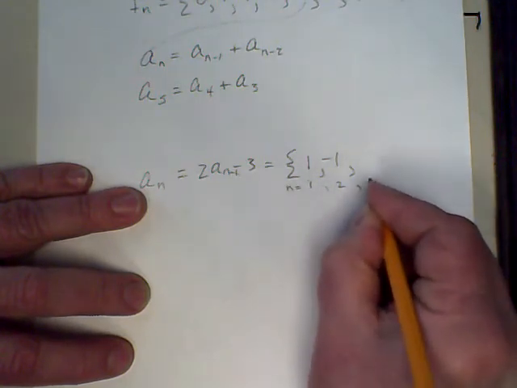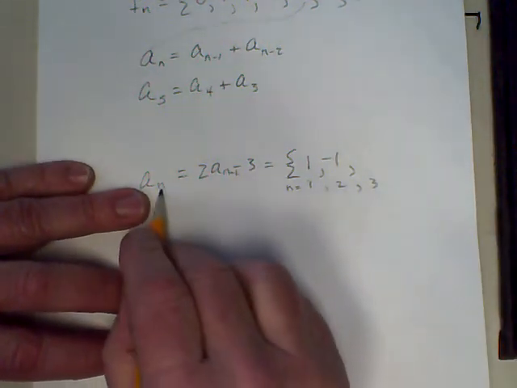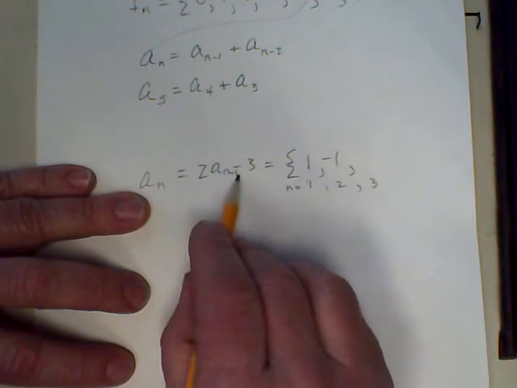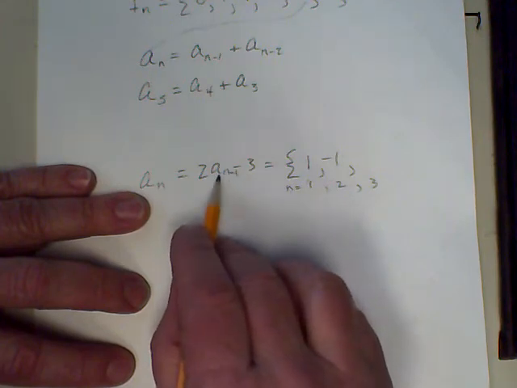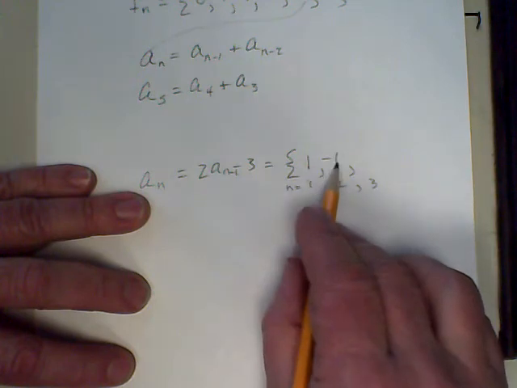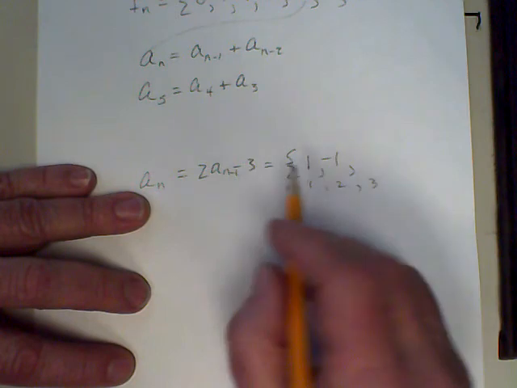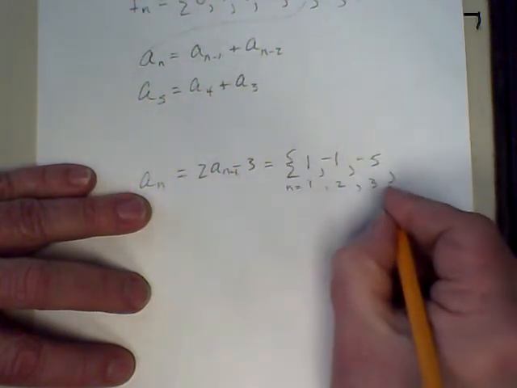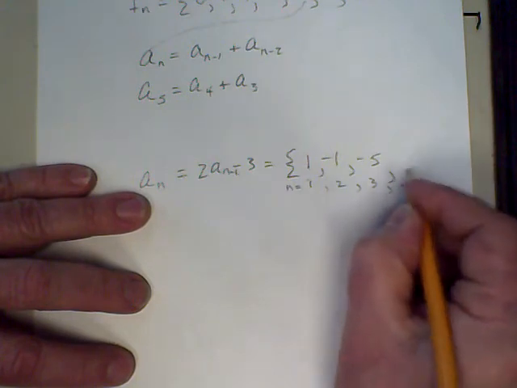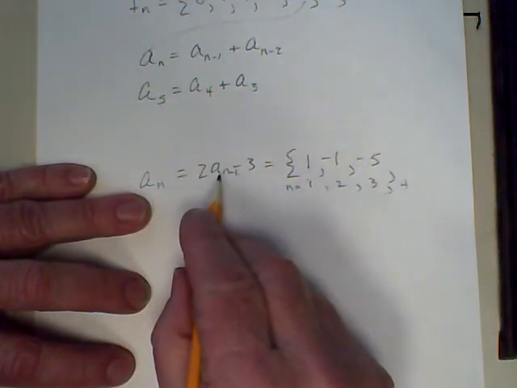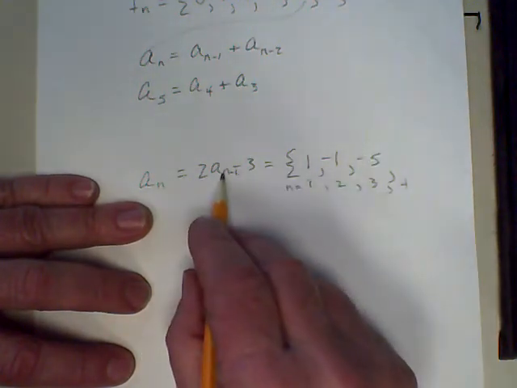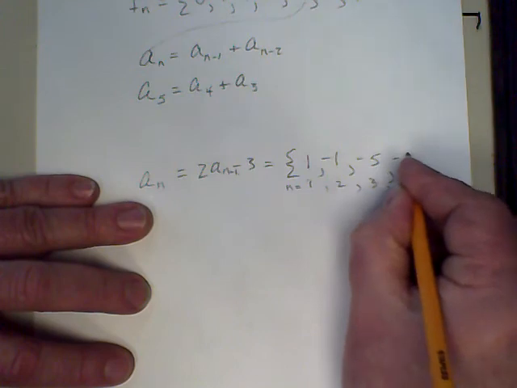We're working on 3. So when we're looking for a sub 3, we need a sub 3 minus 1, a sub 2 right here. So it's going to be 2 times negative 1, that's negative 2, minus 3, negative 5. And so now to get our fourth term, we would go back and use the third value. So this would be 2 times negative 5, negative 10, minus 3, negative 13.